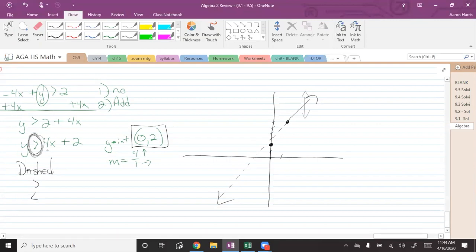Why do I want to shade the top? What does it say in the equation? y is what? Greater than. So is up greater than or is down greater than? Up. Up is greater than. Therefore, I shade up.